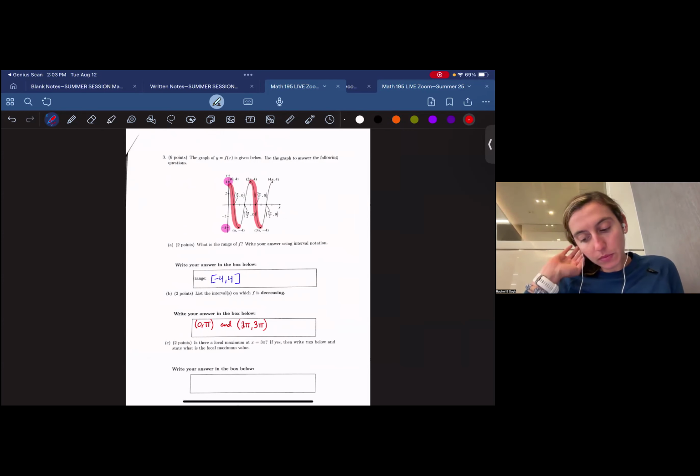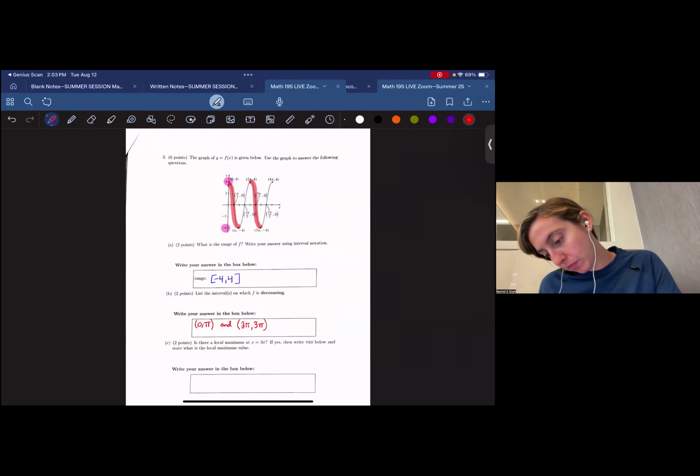And we're done. Part C, is there a local min or is there a local max at x is equal to 3 pi? 3 pi is over here. No, but there's a local minimum. If yes, then write yes below and state what the local max is.